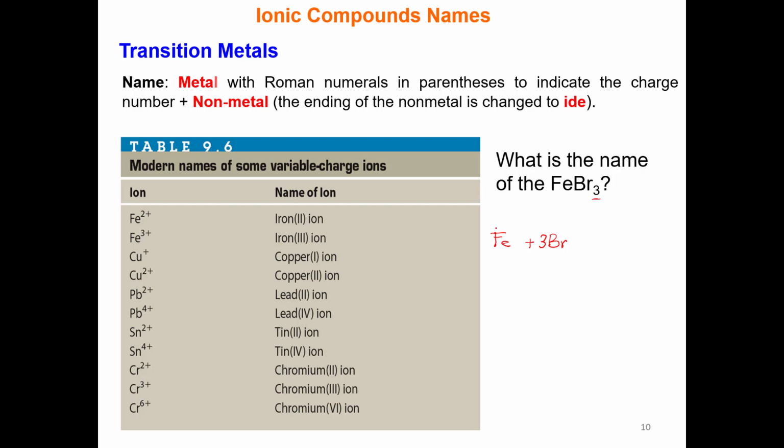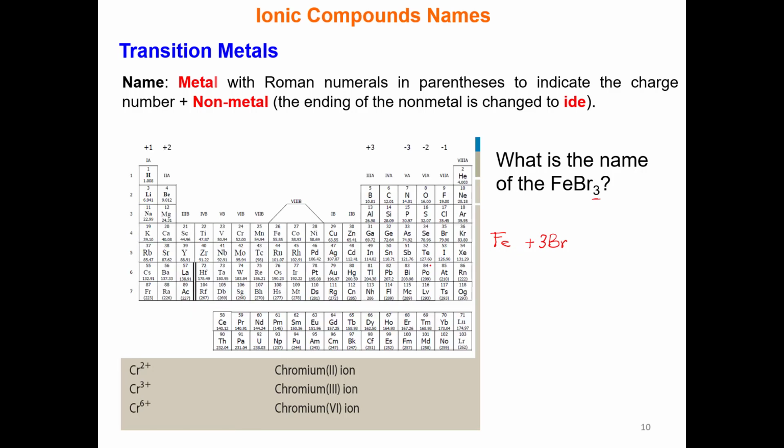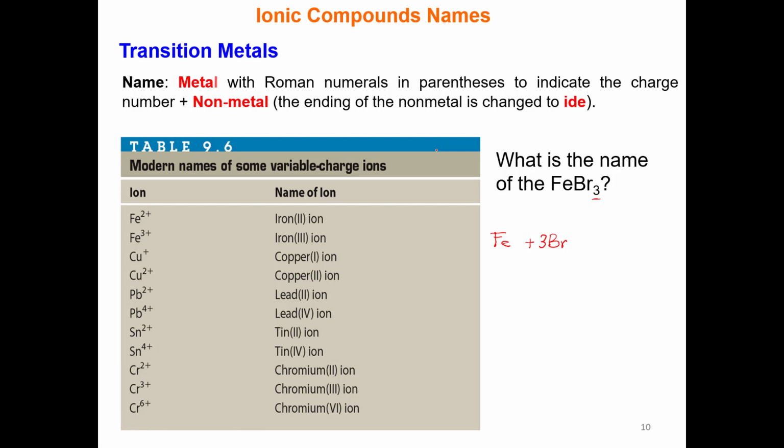In the case of iron, we know the charge can be +2 or +3 because iron is a transition metal, and we don't know exactly what the charge is yet. First we will check the charge of bromine. To check the charge, we look at the periodic table. We can see bromine is in the 7A group, which means the charge for bromine will be -1. Then we will write here -1.